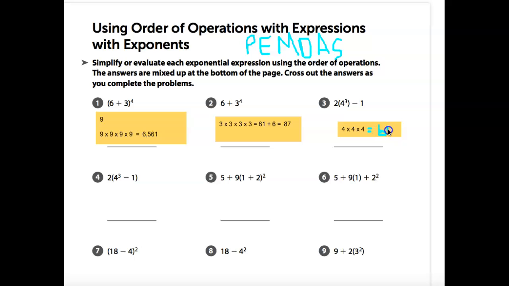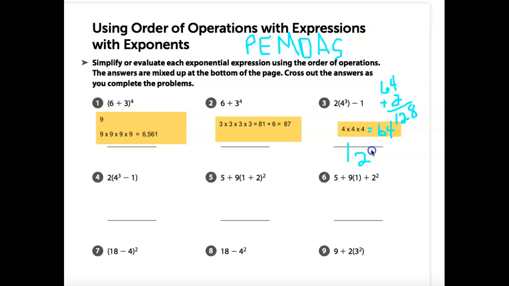Then we have to multiply that 64 by 2 times 2, and we get 128, minus 1, 127 is our answer here.